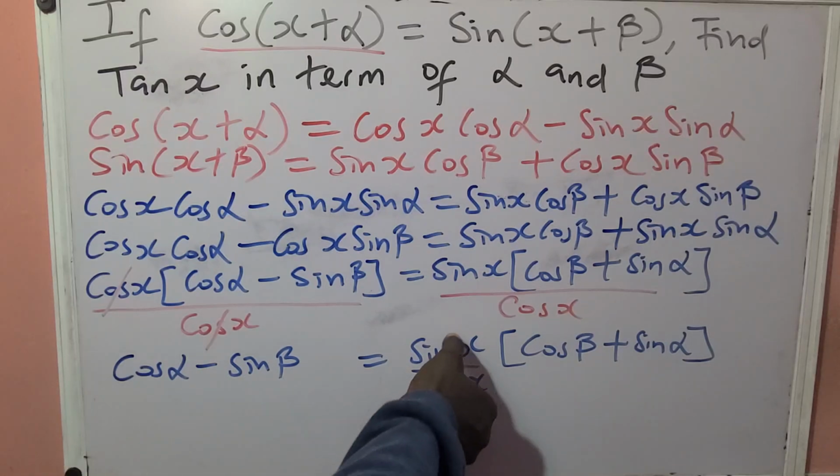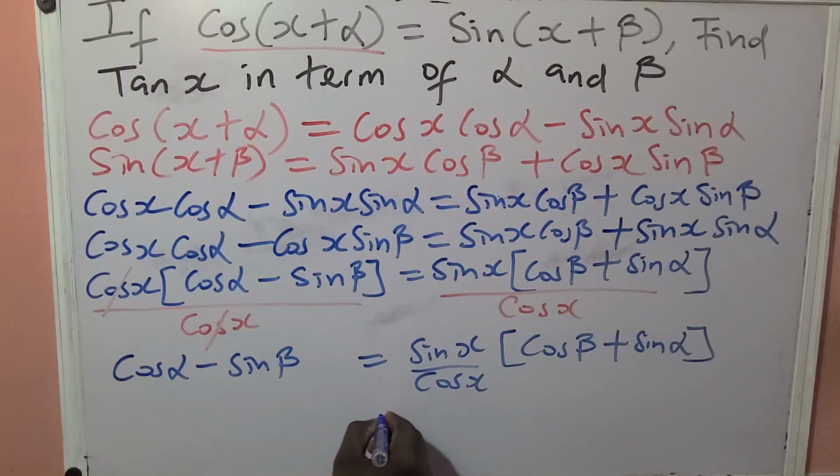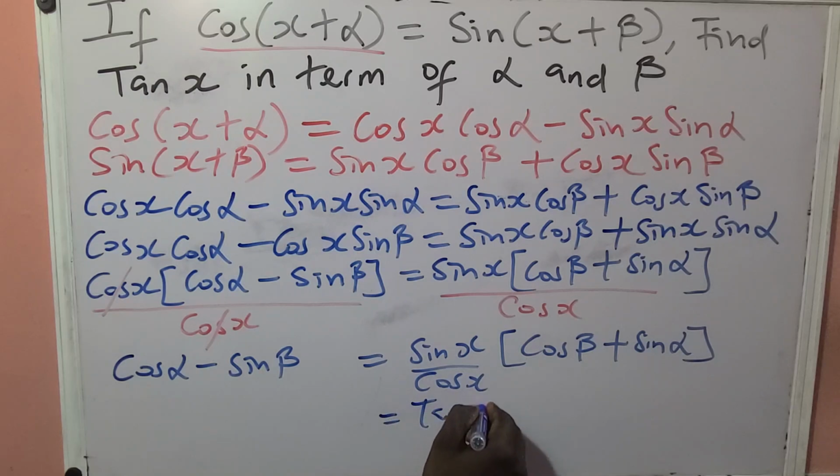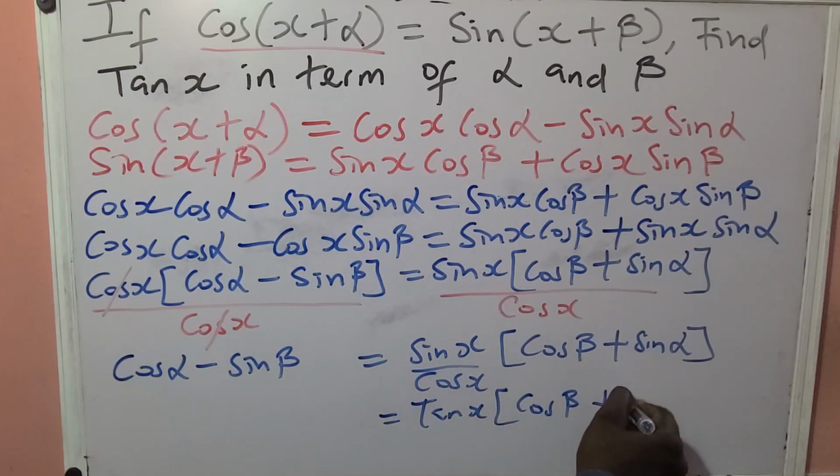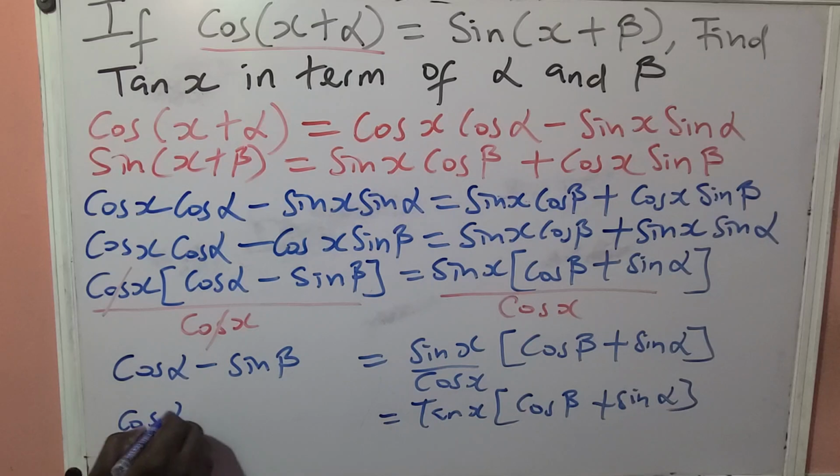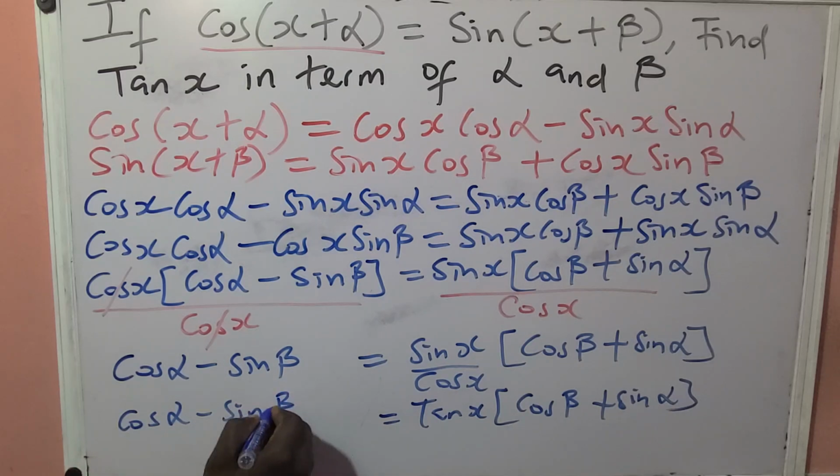So obviously this produces tan x, so I'll be having tan x times cos beta plus sine alpha. So this is cos alpha minus sine beta equals that. So don't forget, we are looking for tan x. So I can divide through now by this particular value so that my tan x can easily come out.